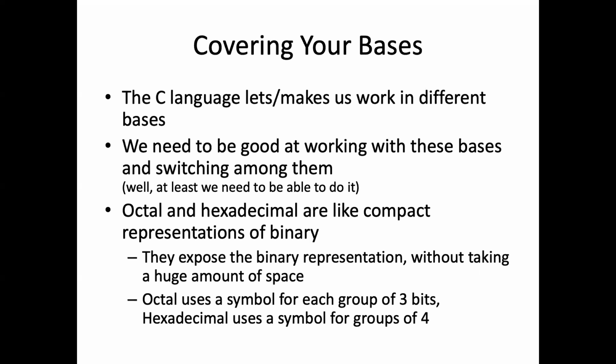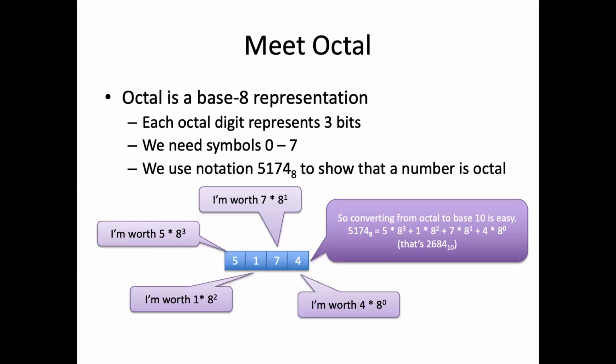Now, you may already know how to think about hexadecimal numbers or octal numbers. Just in case you don't, I'll cover it real fast. And if you're already familiar with this, then it's a reminder of how this works. Let's do octal first. Octal is a way of writing down numbers in base 8.